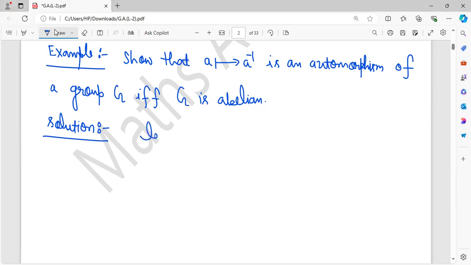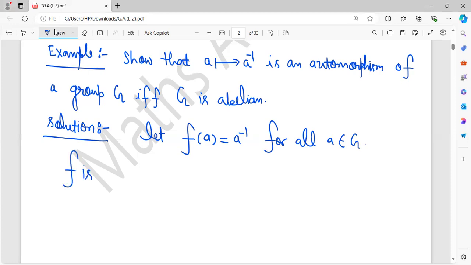So this map is given, A goes to A inverse. I'm writing in terms of F. Let F of A equal A inverse for all A belongs to G. Now F is 1-1. Why?